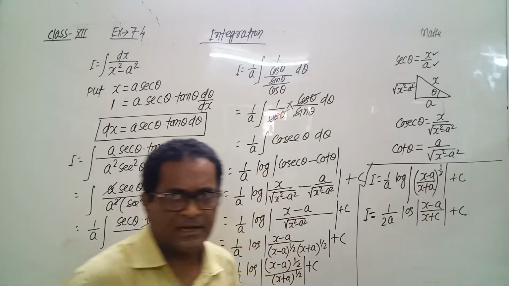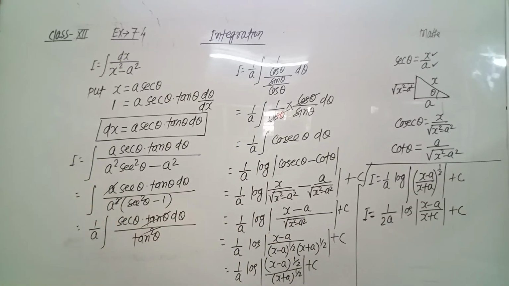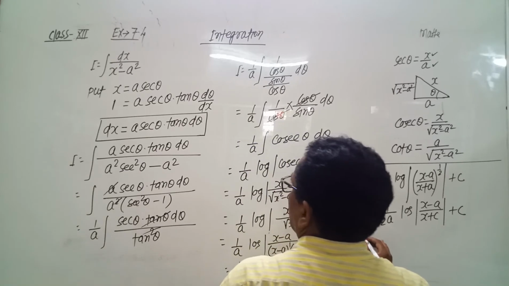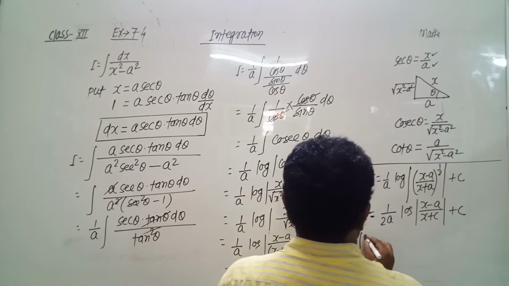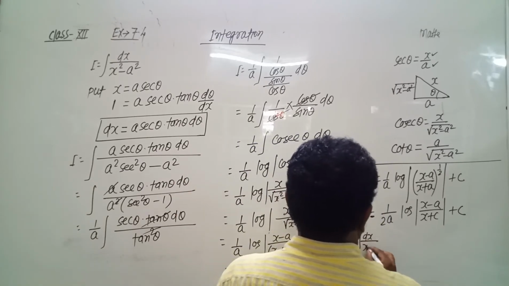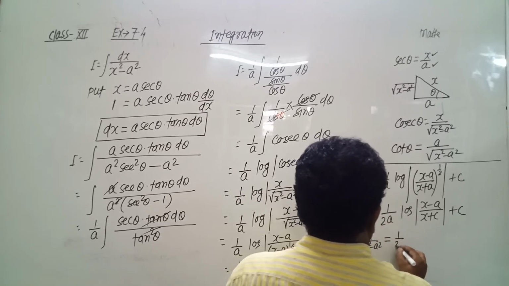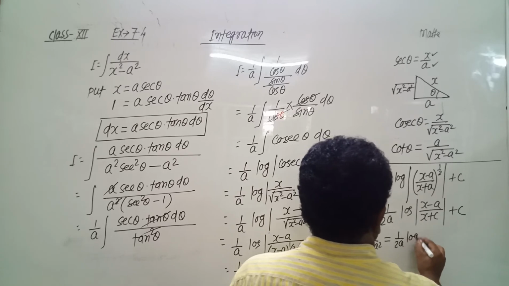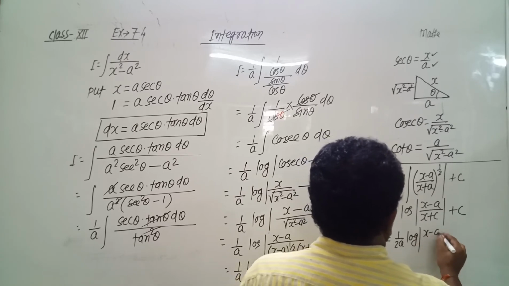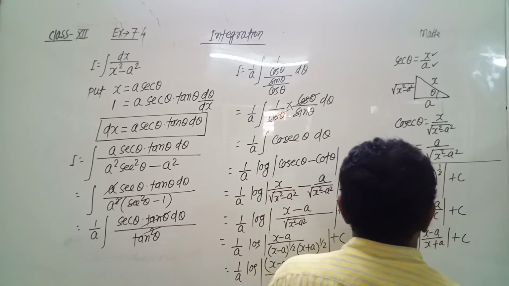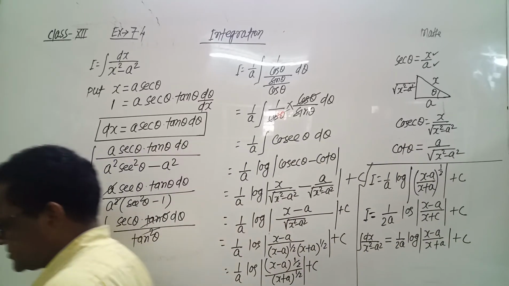So this is the final result, 1 upon 2a log of x minus a upon x plus a. So we can write that integration of dx upon x square minus a square is equal to 1 by 2a log of x minus a upon x plus a, plus c. This is the final result.